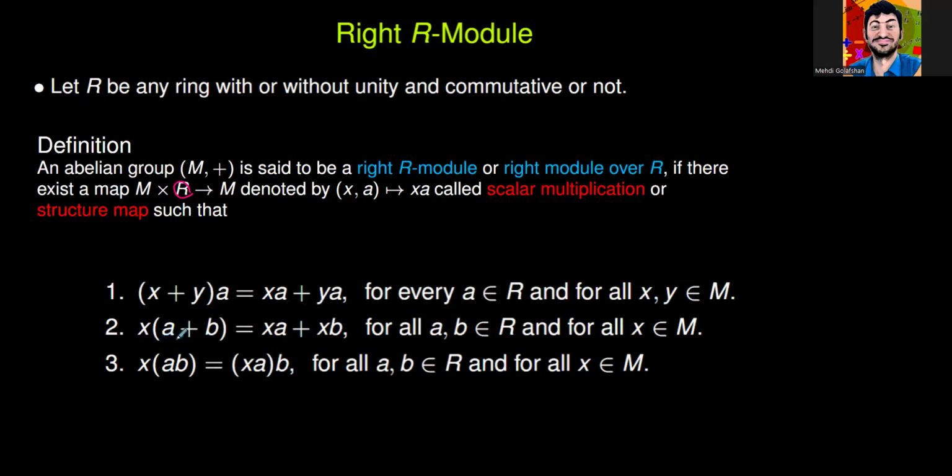Then x times (a plus b) equals xa plus xb, for all a and b in the ring and for all x in our module. Then x times ab equals (xa) times b, for all a and b in our ring and for all x in our module.